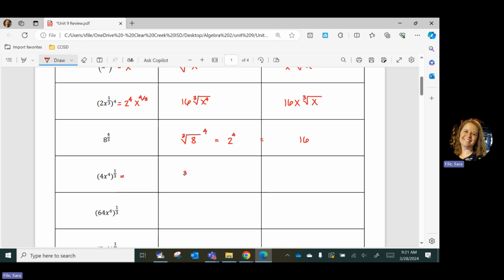They're both going to be under the cube root, but the 4 is not raised to a power. The x is. I rewrote the 1/3 power as the cube root, and so I cannot take the cube root of 4. The 4 is going to have to stay underneath.